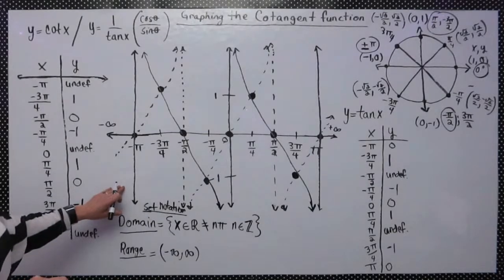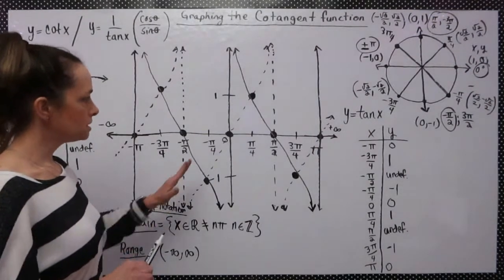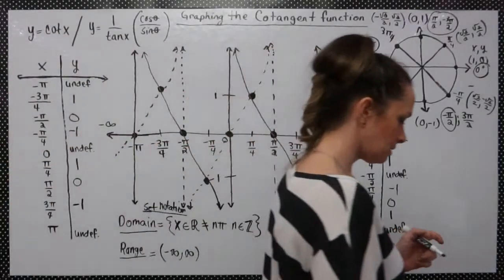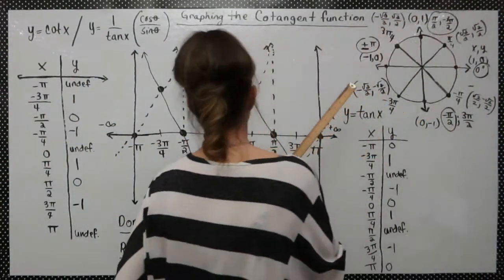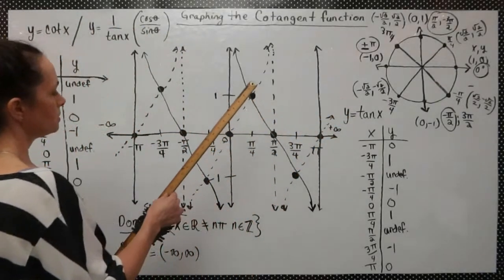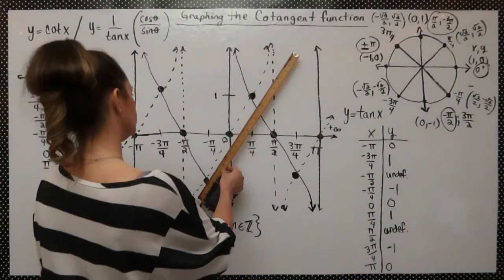The cotangent function, okay? And you can really see, we'll go ahead and put up this ruler one more time, that symmetry along the identity function line.